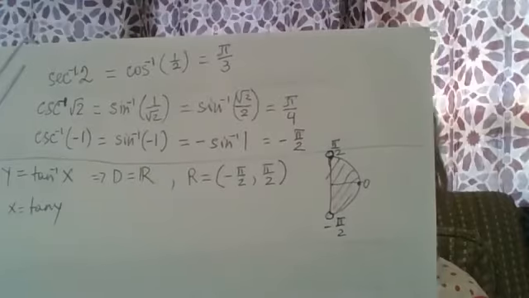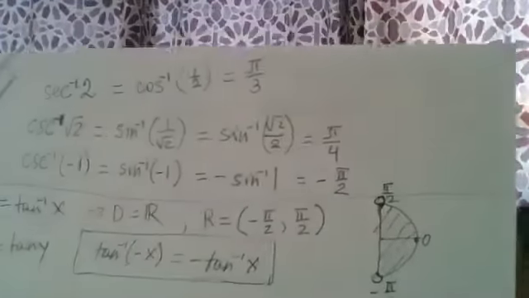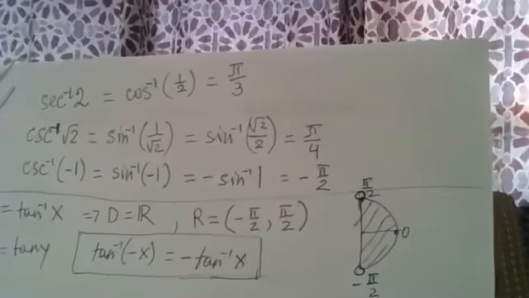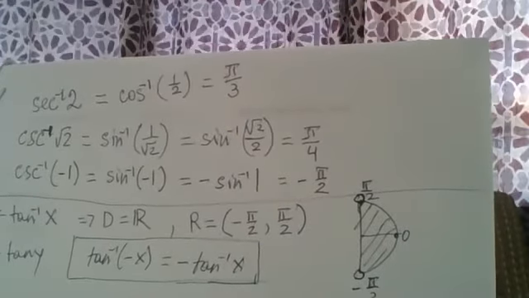And let me write another formula for arctangent of negative x. And I boxed that formula, and you can see it is absolutely the same type of formula like we had for arc sine of minus x.